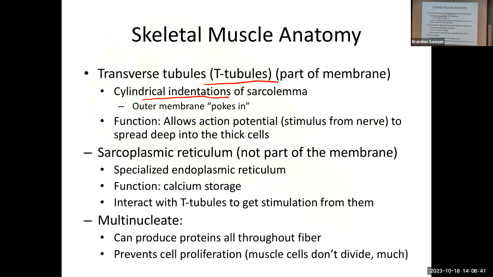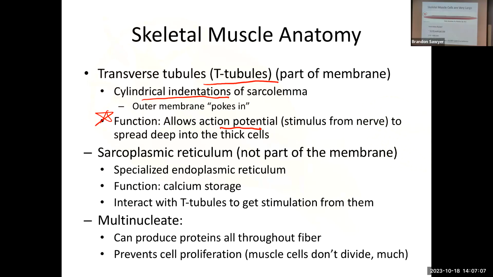What this does is it allows the things called action potentials, which we're going to get into a lot when we get into the nervous system, but pretty much that is like a nerve signal. When you think about signals passing around in your brain and through your body, those are action potentials. They're electrical stimuli that go down neurons and go down muscle cells. So what that T-tubule allows for is for that nerve signal not just to stay on the top, right?